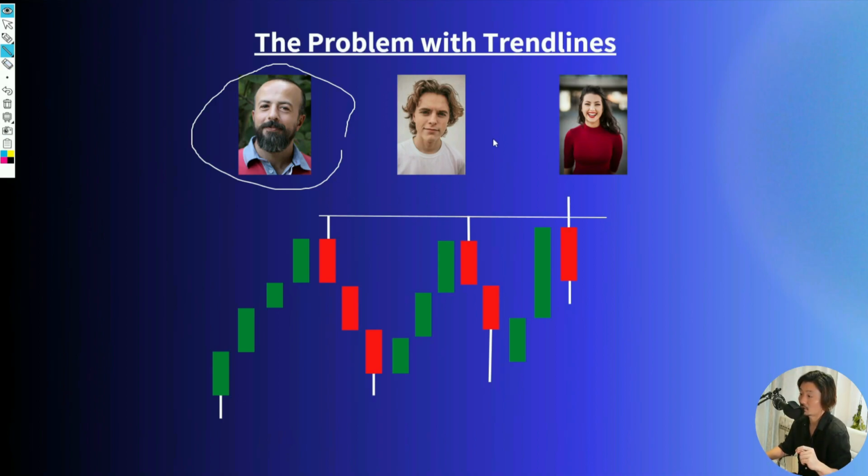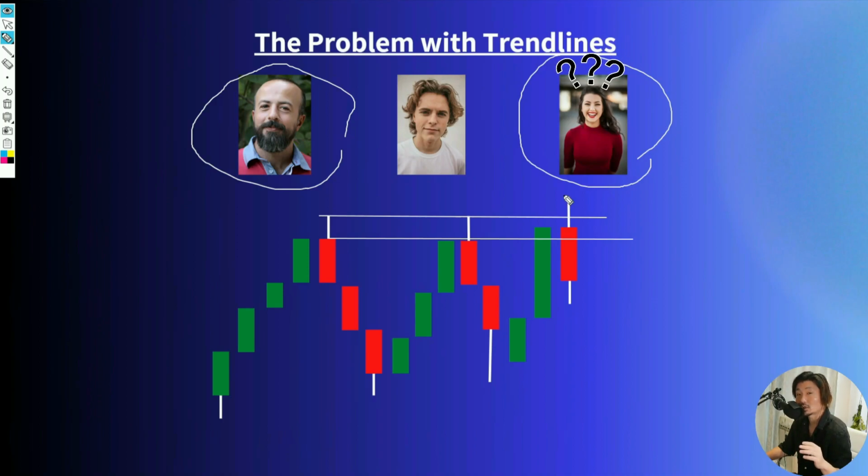So this trader right here would attach it, say, to this body right here, like so. Okay, but let's say this third trader right here does not have a specific set of rules when drawing trend lines. So in other words, she would randomly attach it to the wicks or the bodies, which is actually kind of common with most traders, right?